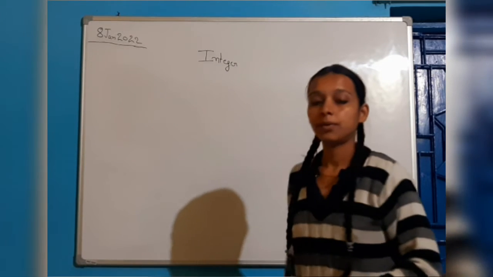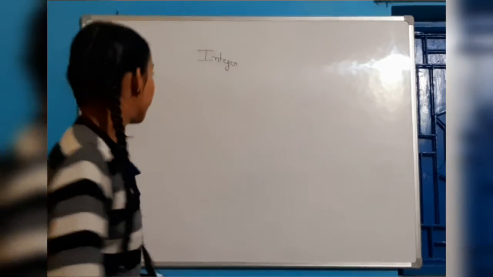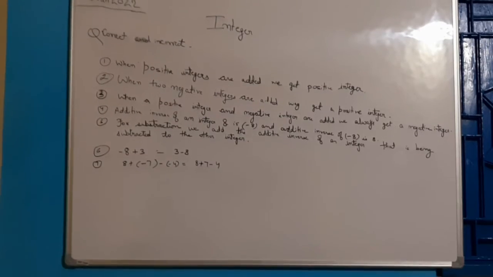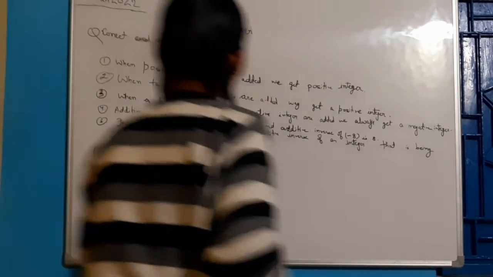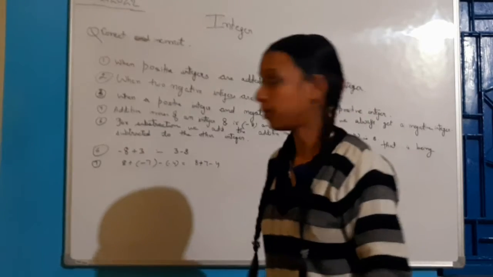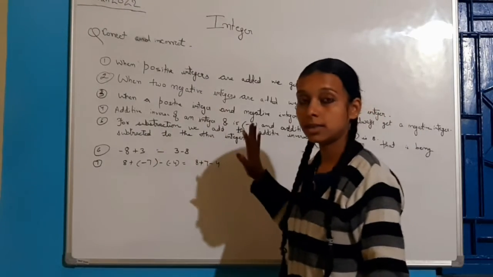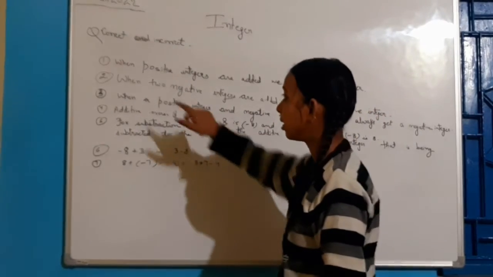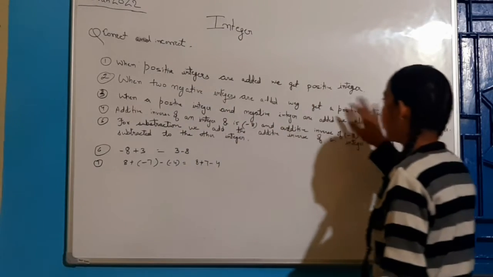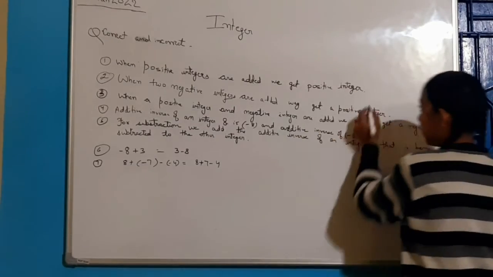Now we will do some questions through which we will know the use of integers. From the integer chapter, taking some lines from the NCERT book, we have to say whether each sentence is correct or incorrect. When positive integers are added, we get a positive integer.